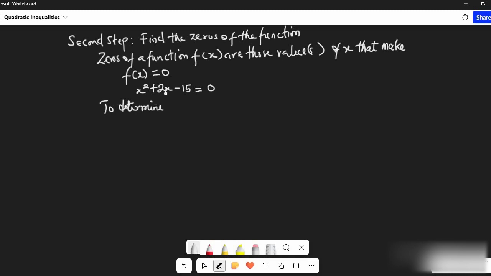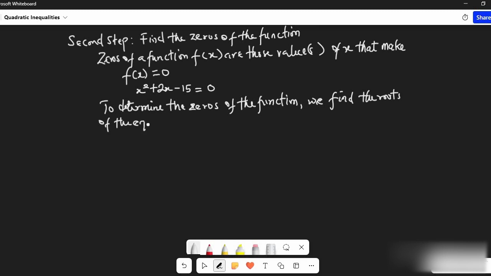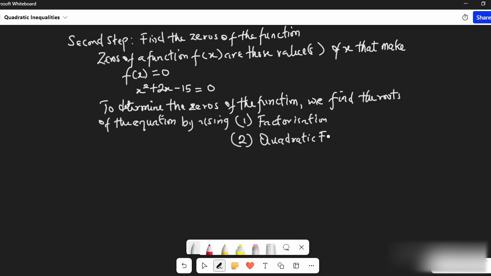To determine the zeros of the function, we find the roots of the equation by using one, factorization, or two, the quadratic formula.